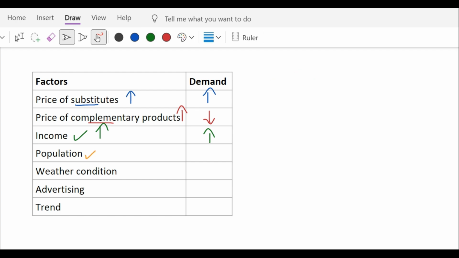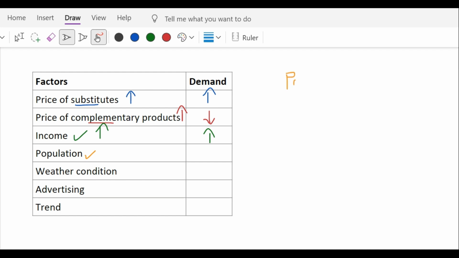Next one, population. Let's consider the population of students and the demand for textbooks.